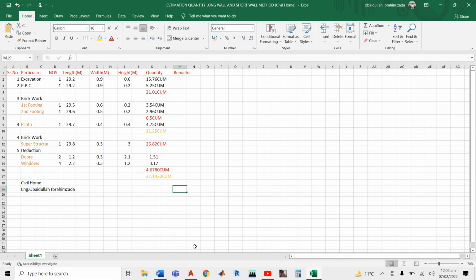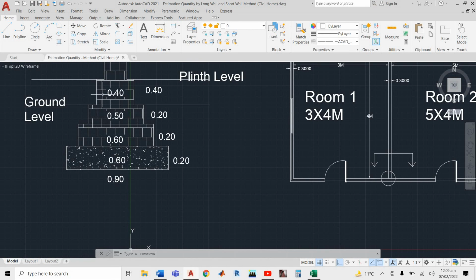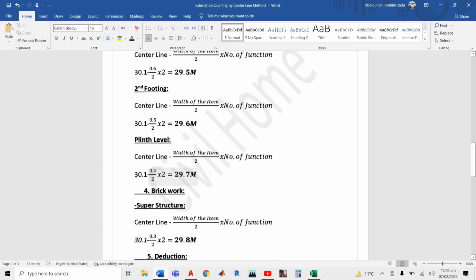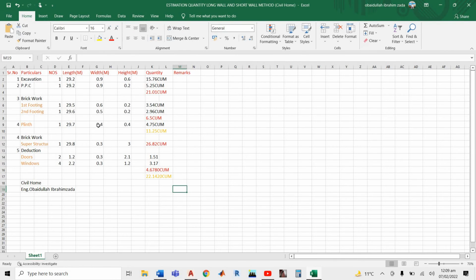Then you have plinth level. In your plinth level it is 0.4 and 0.4. So how we can find the length? 30.1, the width is 0.4, divided by 2, multiplied by number of junctions, 29.7. So 29.7 multiplied by 0.4 multiplied by 0.4, you get 4.75 cubic meters, and you have to sum your exit footing, dome footing and plinth quantity.